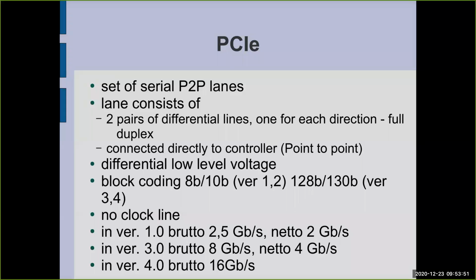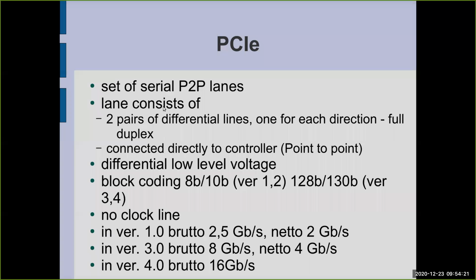So it is hard to say that PCI Express is the evolution of PCI. The difference is that PCI Express is a serial point-to-point interface. It's not a bus interface.